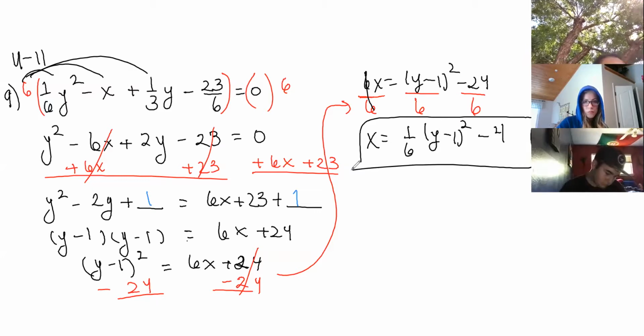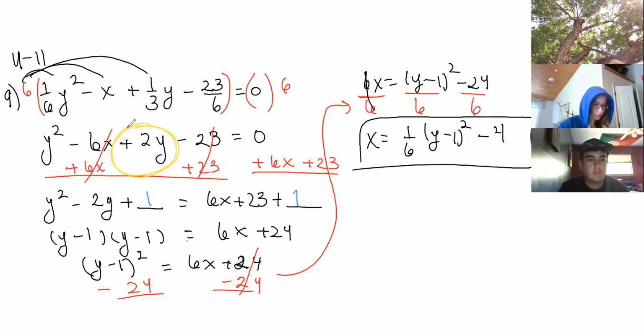It's an easy fix, but when I transferred stuff over, I wrote it incorrectly. Did anybody catch it on this problem? Yeah. Oh, it's supposed to be y plus 1.